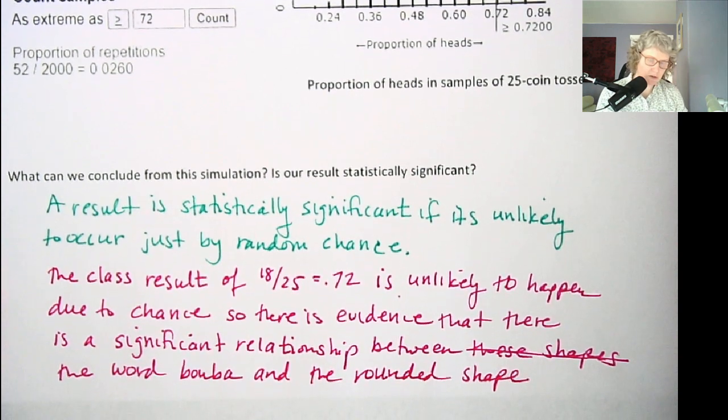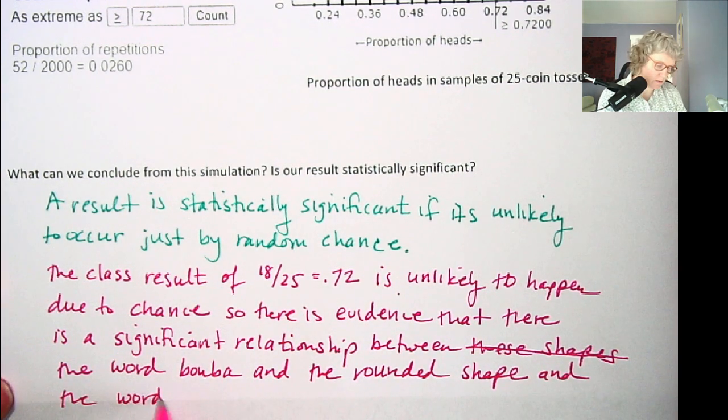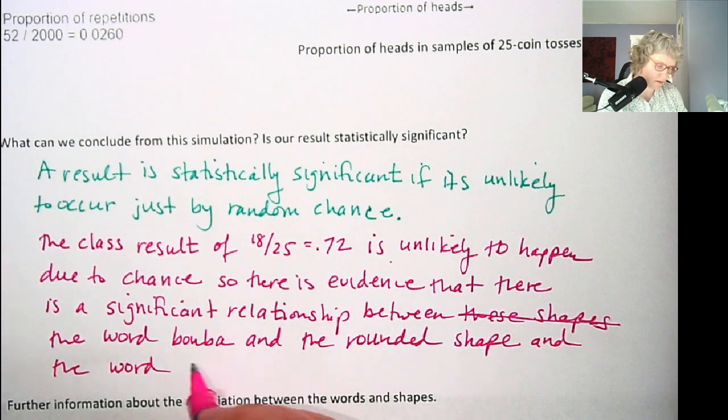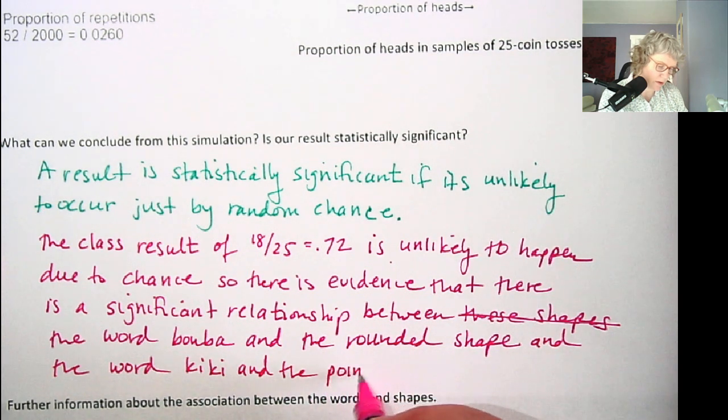That's the association, because more people, 18 people, said booba was the rounded shape and kiki was the pointed shape. So there's a relationship between the word booba and the rounded shape, and the word kiki and the pointy shape.